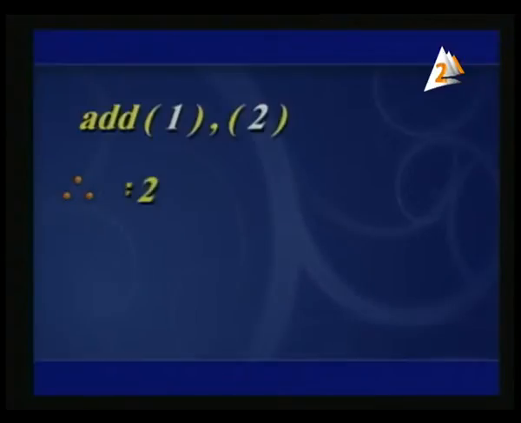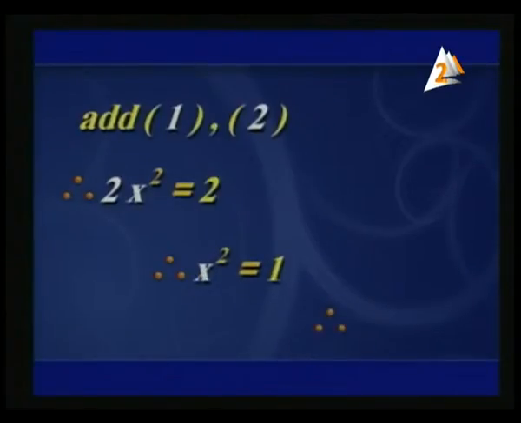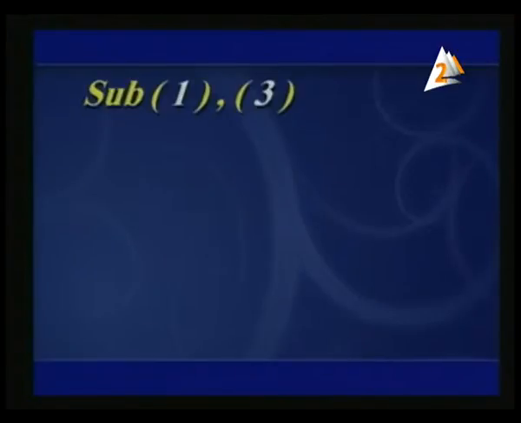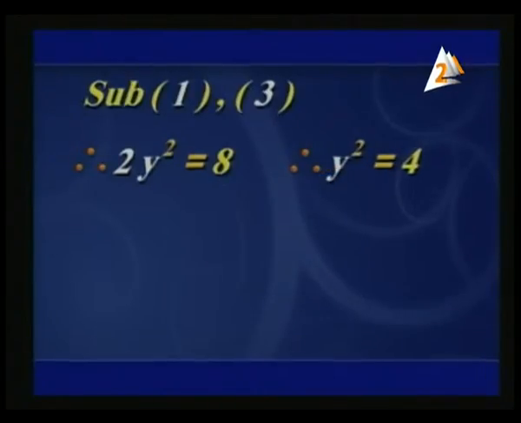By adding number 1 and 3, therefore 2x squared equals 2, then x squared equals 1, therefore x equals positive or negative 1. Subtracting 1 from 3, therefore 2y squared equals 8, therefore y squared equals 4, then y equals positive or negative 2.